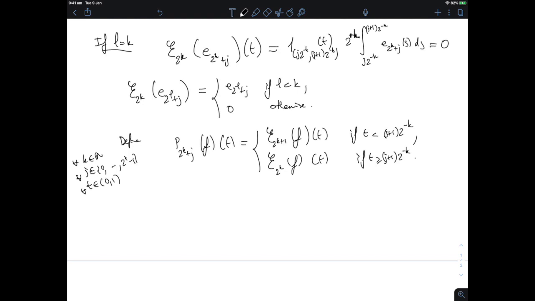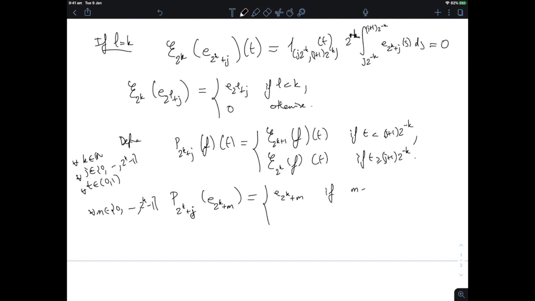Right, now the point of doing that is that p2k plus j of e2k plus m now, for any m in 0 to k minus 1, is going to be what? Well, it depends on whether m is above j or below j. If it's below j, then I'm really applying e2k plus 1 whenever this is non-zero. And e2k plus 1 of little e2k plus m just gives e2k plus m back.